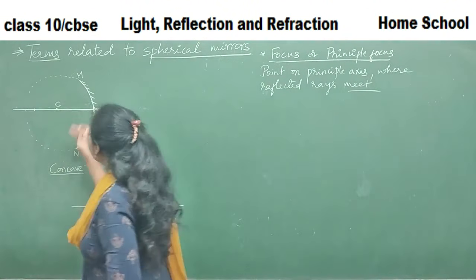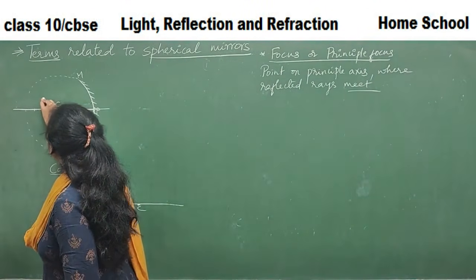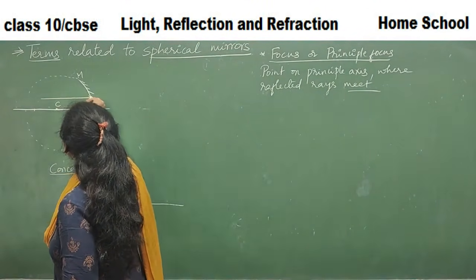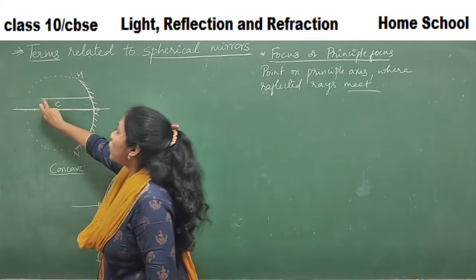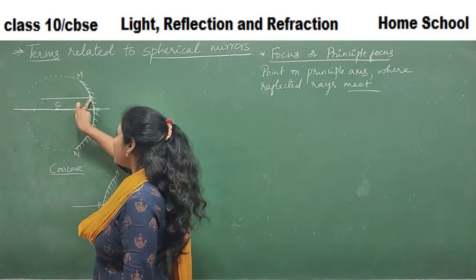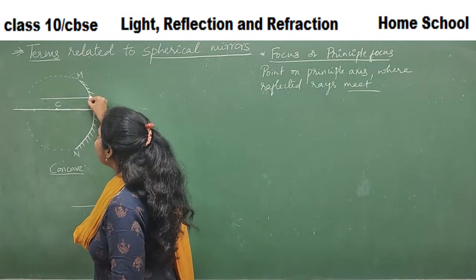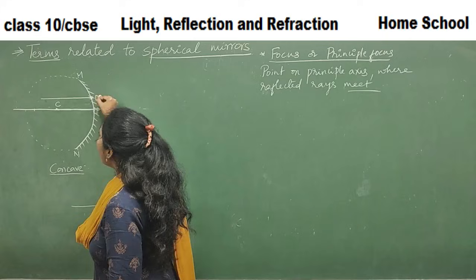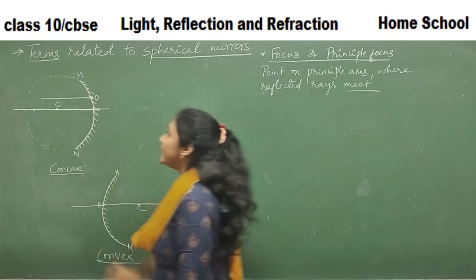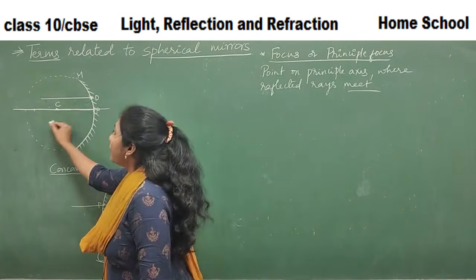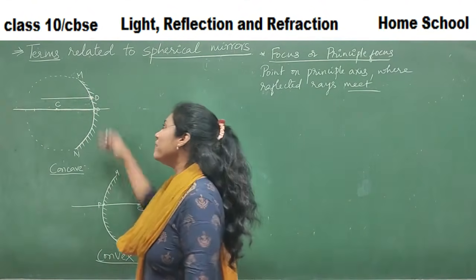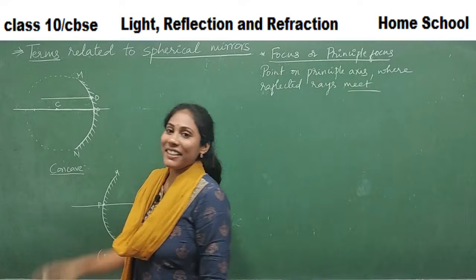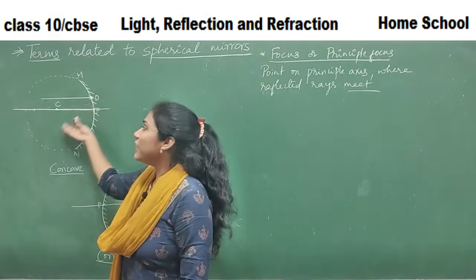So when you draw an incident ray parallel to the principal axis, I am drawing an incident ray parallel to the principal axis, and this incident ray meets the reflecting surface at D. So this ray will definitely reflect. If you want to know in which direction, at which angle it is reflecting, we should know the normal.